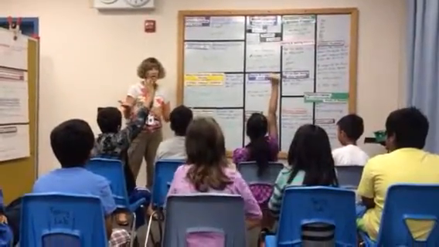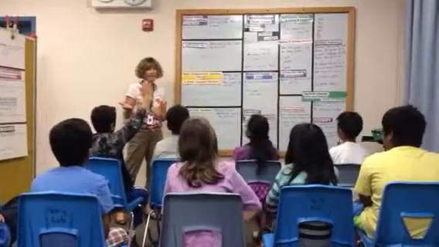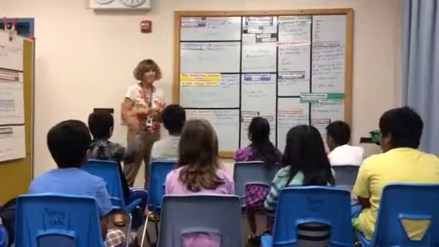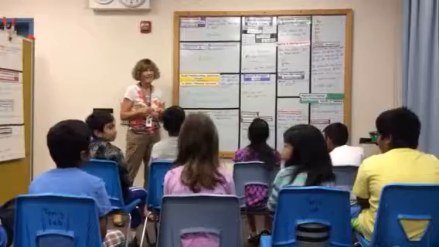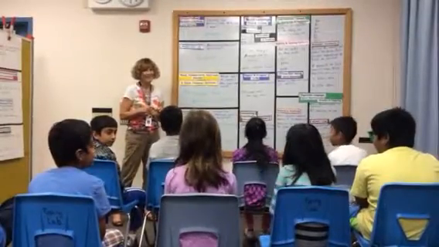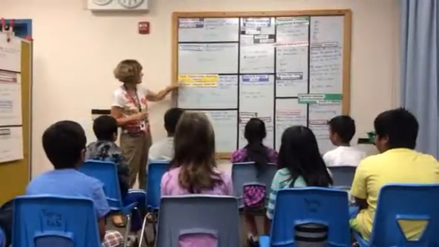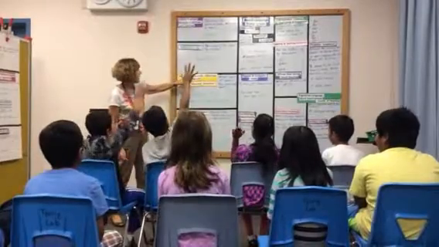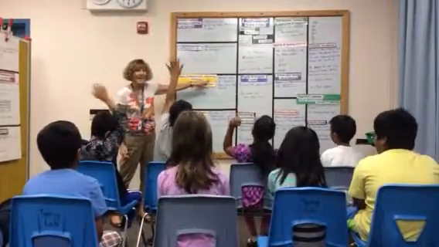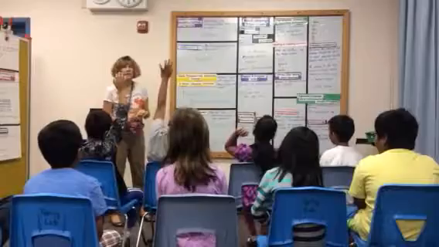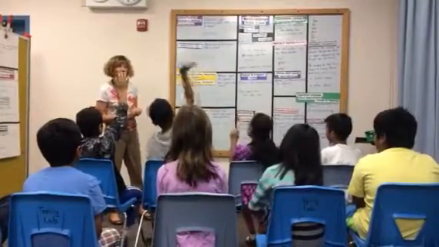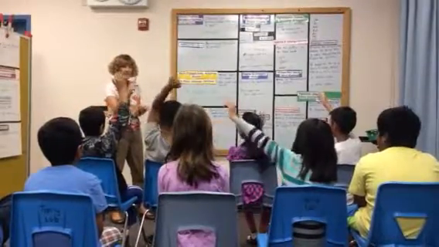Okay, sometimes I'm going to call on someone who does not have their hand up. Donya? Beautiful. What is it? Is it a noun, a pronoun, a verb, an adjective, an adverb? A pronoun. Okay, that's one guess. Let's move on to somebody else.